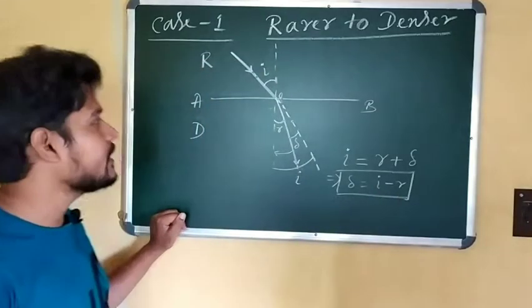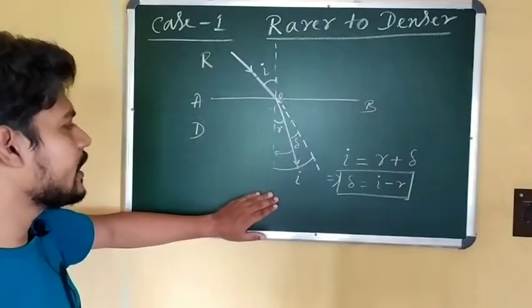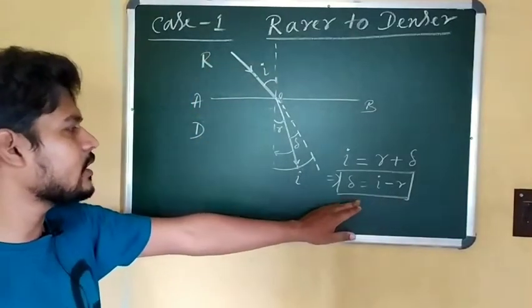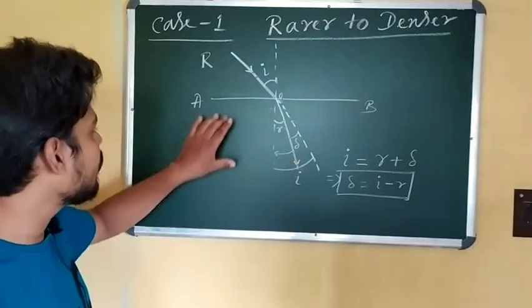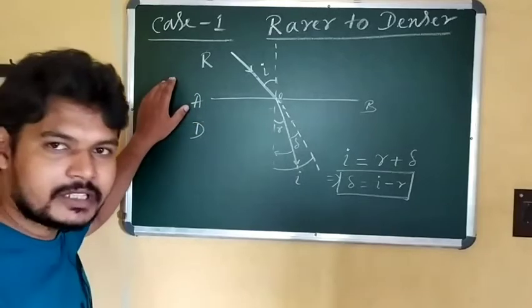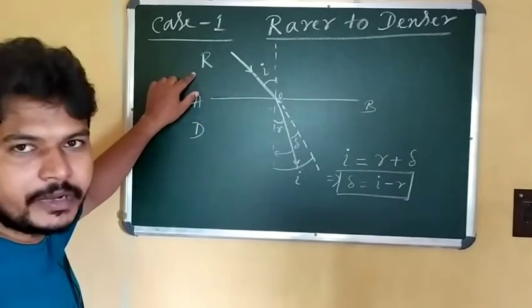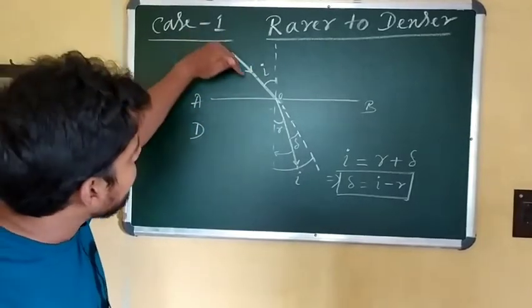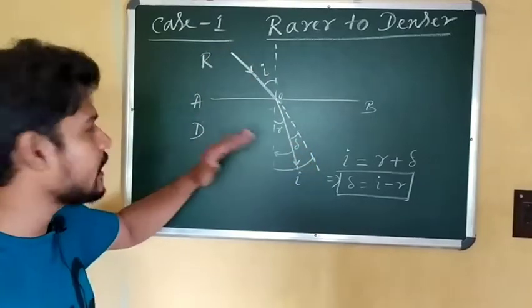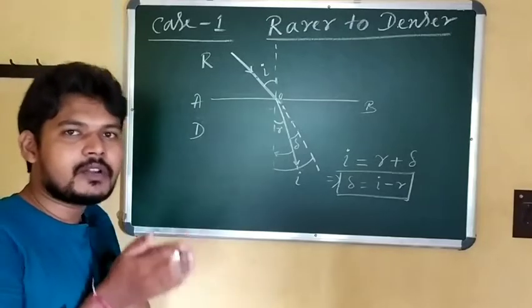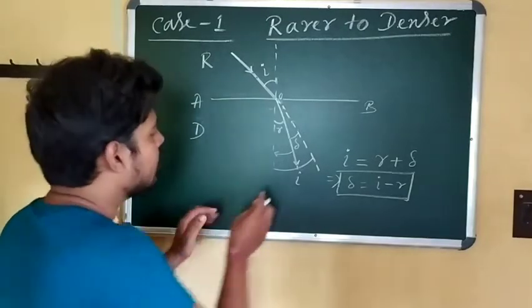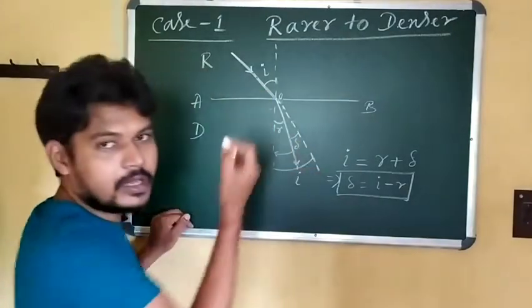So when light travels from rarer to denser medium, if only one medium, the rarer medium, is present, then light must travel through this dotted line. But as medium 2 is also present, which has a different optical density, the light shifts towards the normal.